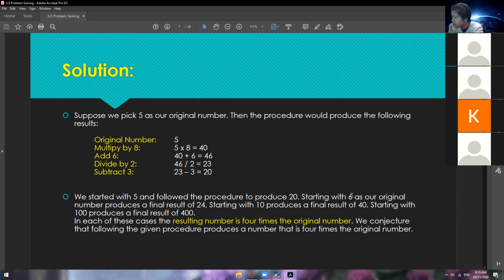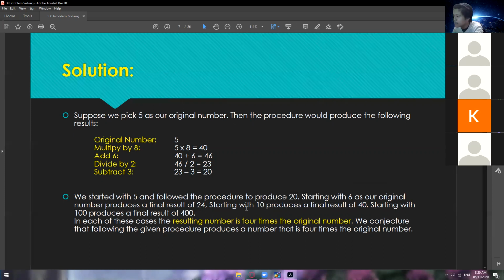Let's say you start with 6. If you do those steps, having 6 as your original number will give you a result of 24. So 5 to 20, 6 to 24, and if you want to try another one, starting with an original number of 10, you get 40.